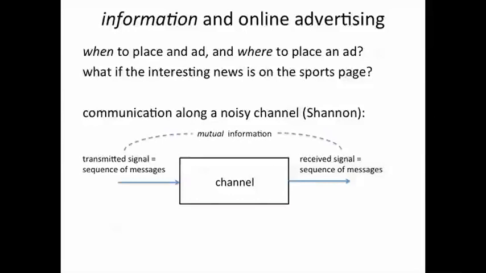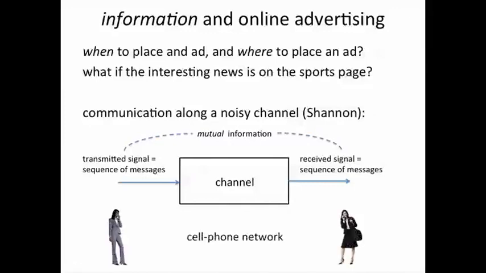There's an important concept that he defined called the mutual information between the transmitted signal and the received signal. And the purpose of the channel, these days say a cell phone network or the internet, is to maximize the mutual information between what is transmitted and what is received. So obviously you really want to hear what your friend is saying at the other end of the line.